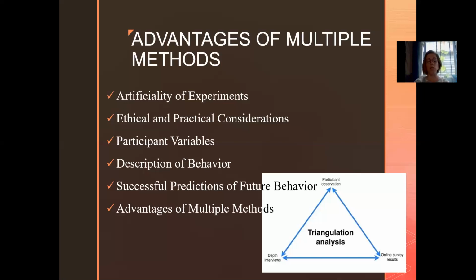The other thing about variables that we've talked about is that participant variables you can't change. As much as I might like to, I cannot be a black man. And I acknowledge there are problems with saying that I would want to be, but I can't change my gender. I can't change my race. I can't change my sexuality.